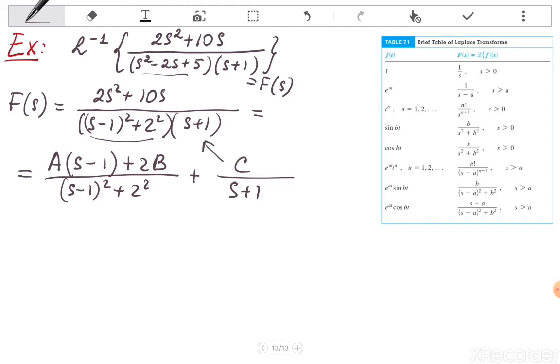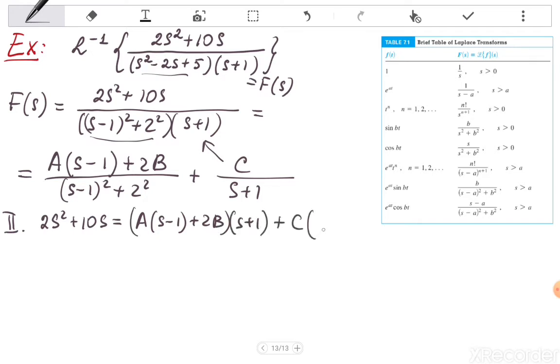So let's find a, b and c. Let's use again the second method. So we multiply everything by the denominator. So what we get, 2s squared plus 10s is equal to a(s minus 1) plus 2b times (s plus 1) plus c times ((s minus 1) squared plus 2 squared).